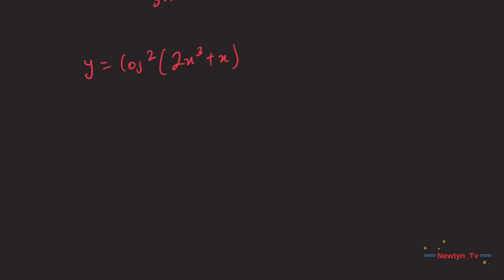Now, this question has 3 layers. We have the first one, the squared term. And the second one, we have the cosine. And the third one, we have the polynomial inside, right? You can see it from there.